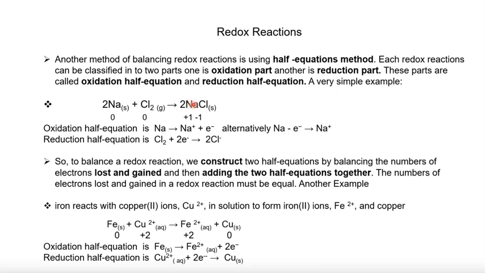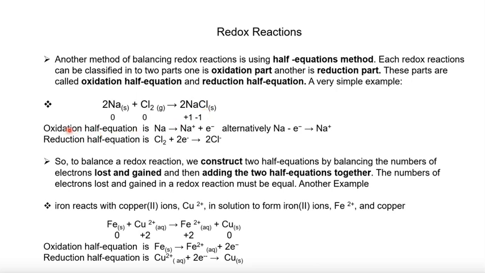Sodium is a group 1 element, therefore it must be +1. And for sodium chloride, a neutral compound, chlorine must be -1. So here, sodium has been oxidized to the sodium ion, and molecular chlorine has been reduced to the chloride ion.